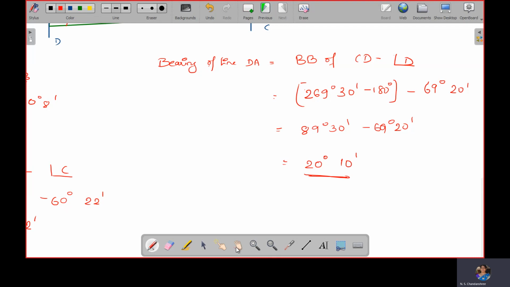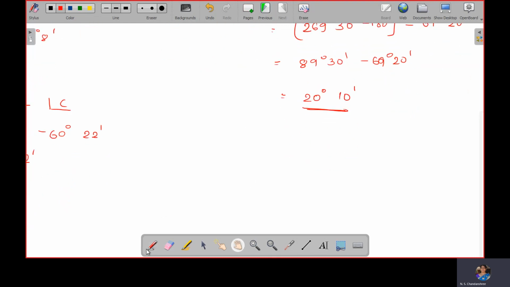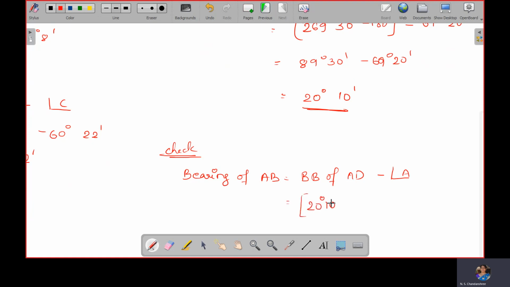Now how do you check whether whatever you have calculated is correct or wrong? So the check is, find out bearing of AB, that is back bearing of line AD minus angle A. So back bearing of line DA is 20 degrees 10 minutes plus 180 degrees, minus angle A, which is 140 degrees 10 minutes.